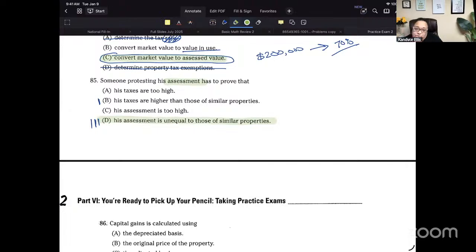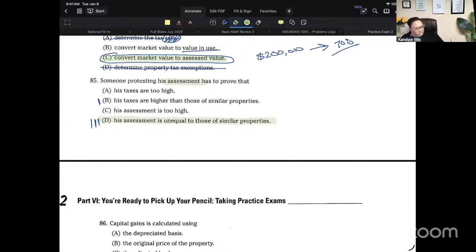I think taxes are too high. Does anybody really want to pay taxes? No. But it's not about your taxes being too high. When you're going to be able to challenge this, it's going to be, you know what, the reason my taxes are high is unfair because other people aren't paying as high of a tax.